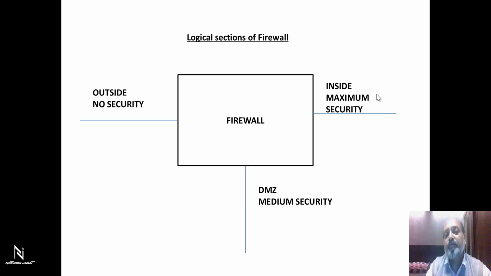Now here, if the firewall is a stateless firewall, it will drop that synchronize acknowledge message. Why? Because that message is trying to enter from a no security zone into a very high security zone, so it will not be allowed to enter.